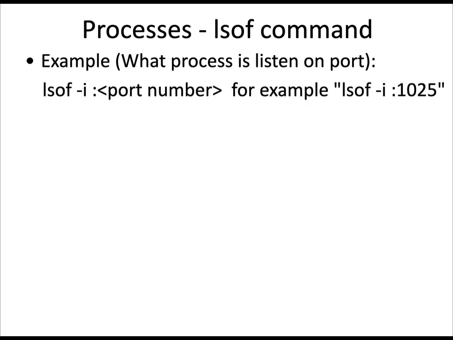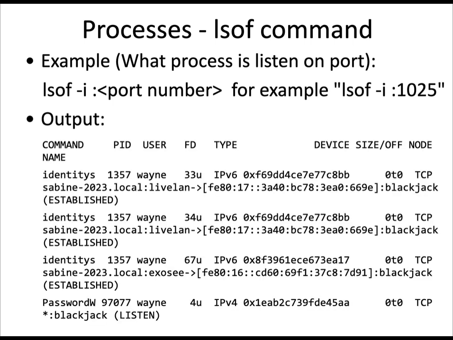If we want to know what processes are listening on a port, I think I've used this as an example before. On my Mac, occasionally process 1025 pops up, and by default, originally, it was referred to as the blackjack port. So when I do the output, that's why it's going to say blackjack. That's the actual port number.